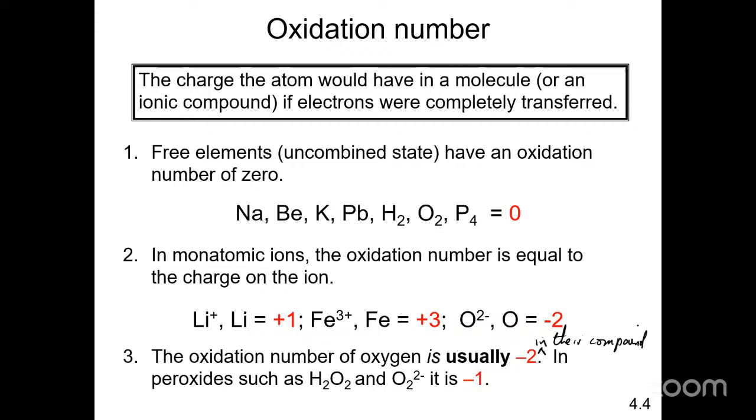So in the vast majority of compounds, the oxidation number of oxygen would be -2. But the exception would be in the case of hydrogen peroxide and anything that contains the peroxide ion. In those cases, the oxidation number of oxygen will be -1, all right? So that's the rule, and that rule is, as I said before, very specific for oxygen.